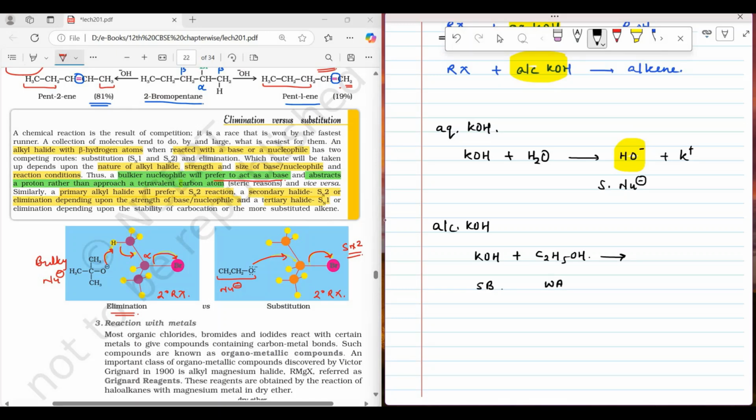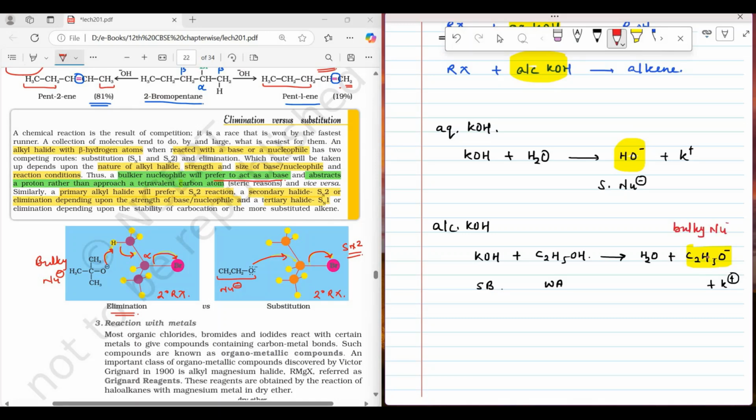So this strong base will abstract H+ from the weak acid alcohol, and it results in the formation of H2O plus C2H5O negative ion and K+ ion. So this C2H5O negative ion will act as a nucleophile, and this is a bulky nucleophile.